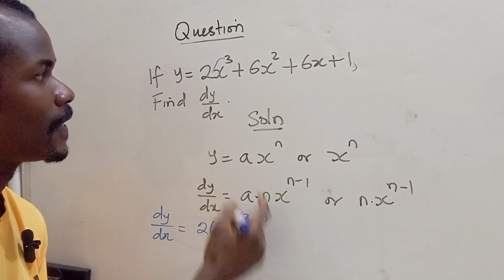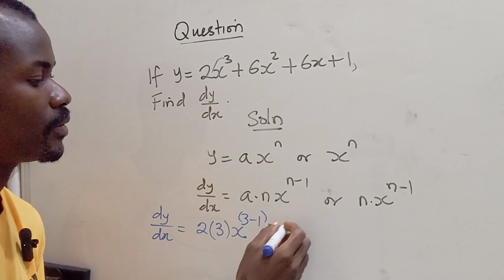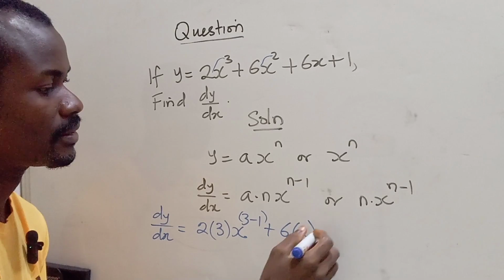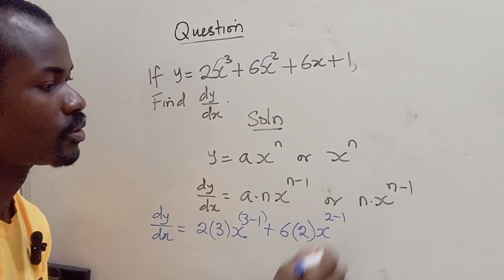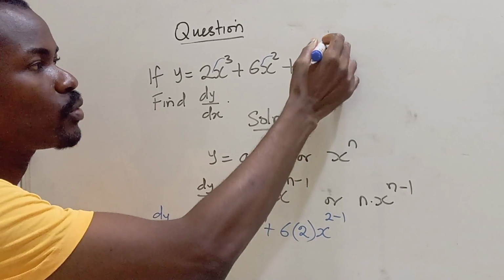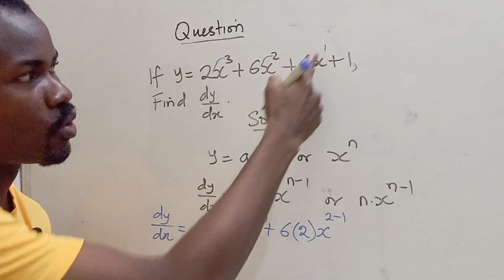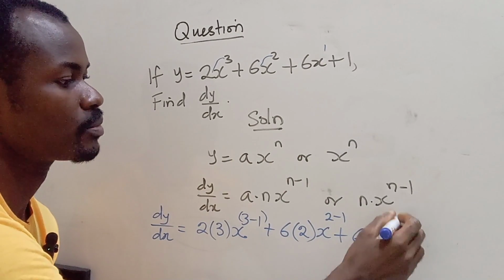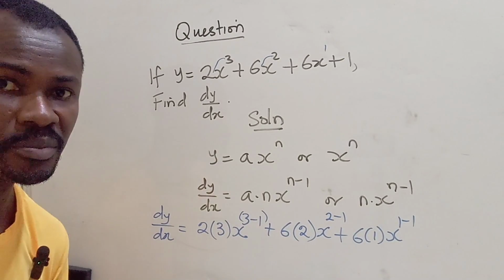The next one is plus 6, 2 comes down to multiply the 6, and x raised to power 2, we subtract 1 from the power. Now for this, the power is 1, so 1 comes down to multiply 6, and we subtract 1 from the power.